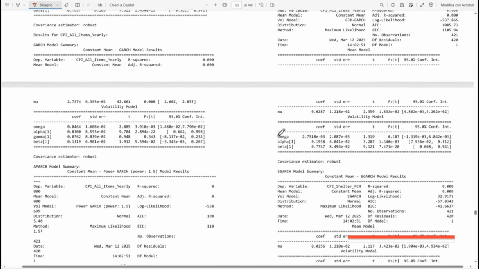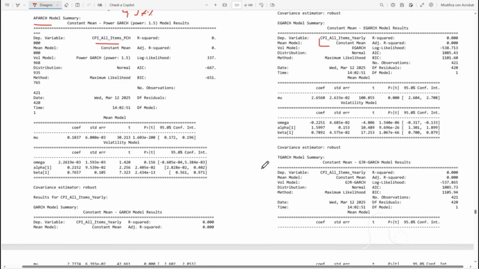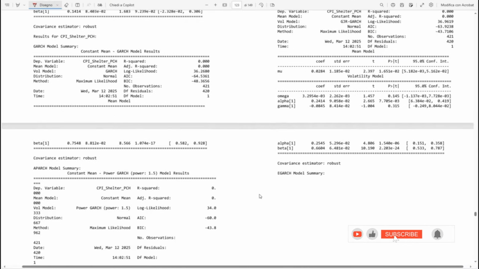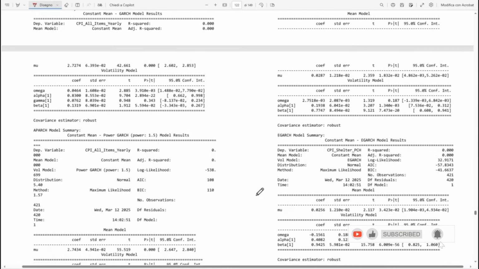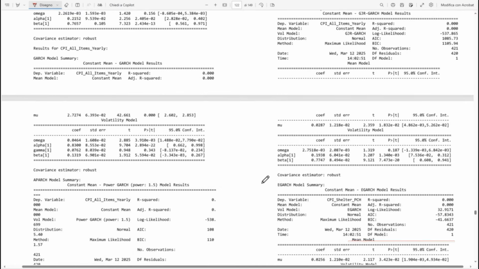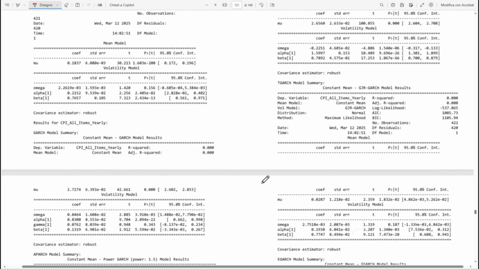So it's very, very interesting. And what we can say on a broader measure is that inflation, consumer prices and producer prices, they are very much correlated and determined by past shocks.